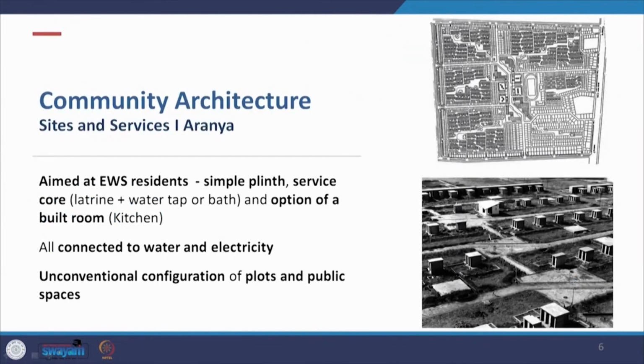It was aimed at EWS residents, economically weaker section, and the intention was to provide them a simple plinth, service core having a latrine, a water tap or a bath, and an option, not necessary, but an option of a built room. So this is the picture of where the latrine or the service core has been provided.